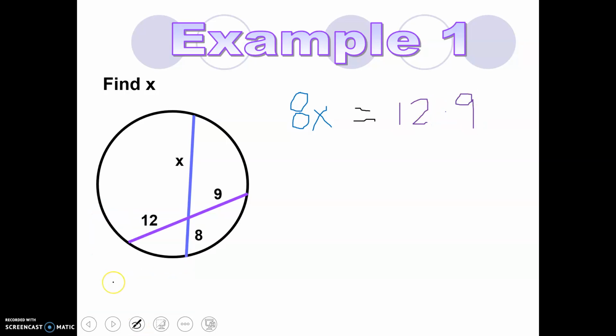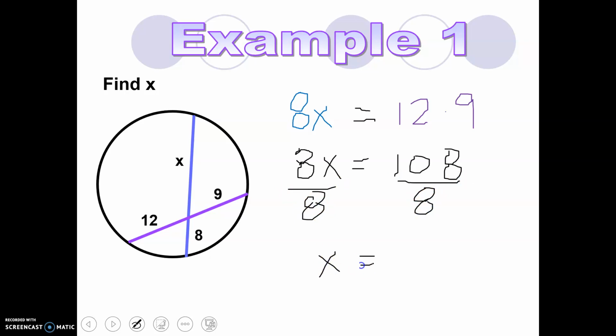We're going to proceed to just solve this equation here. 8x equals 108. Now, dividing both sides by 8, you will notice that our solution is going to be 13.5.